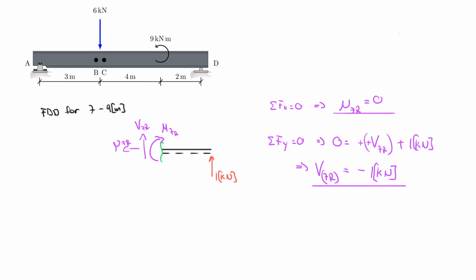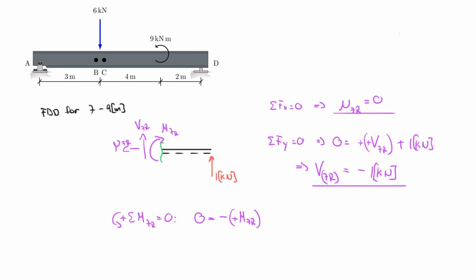So last but not least, I do the sum of the moments about 0.7 to the right, if you will. It's equal to 0, counterclockwise positive. And 0 is equal to, I start with my unknown, positive M at 7 to the right. But that turns clockwise, therefore it's a negative rotation.